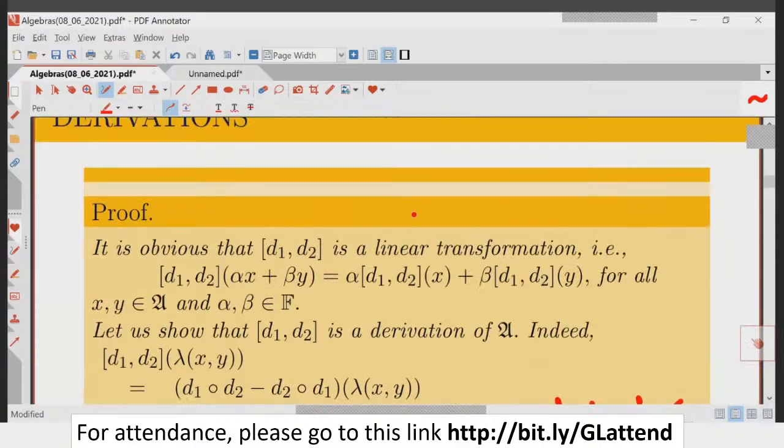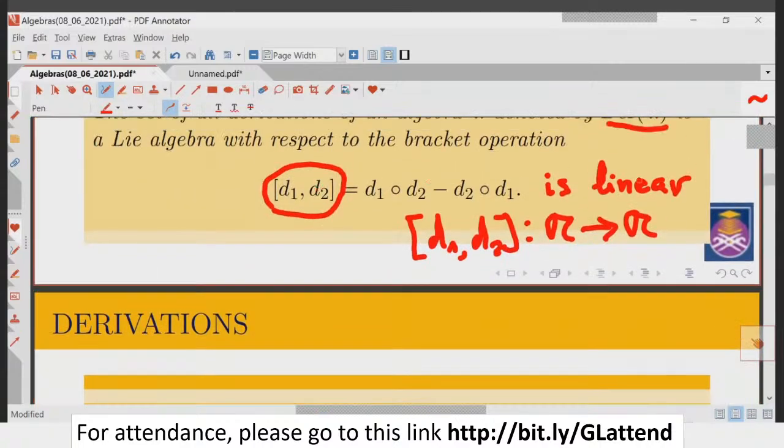So a bilinear function is given, with respect to D1 and D2.